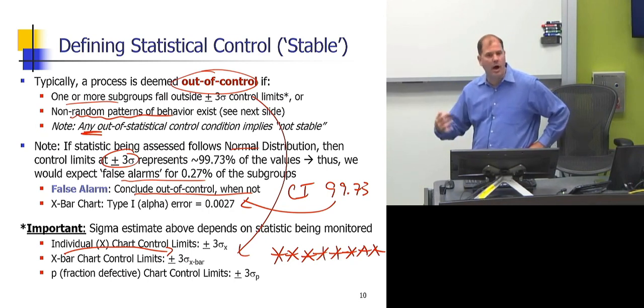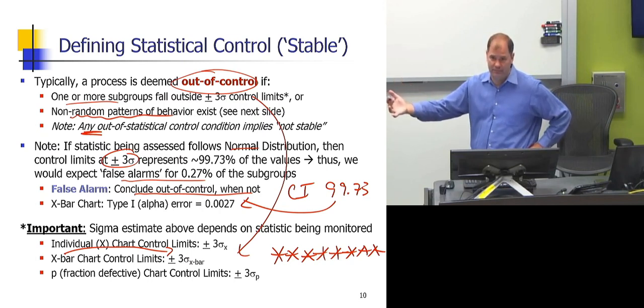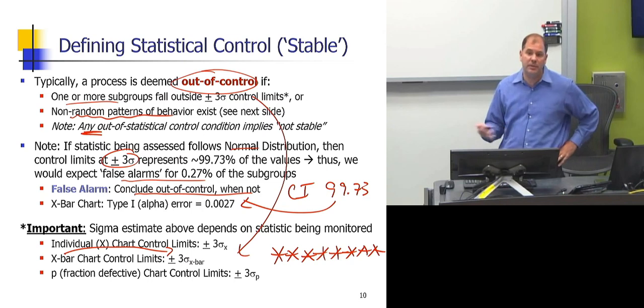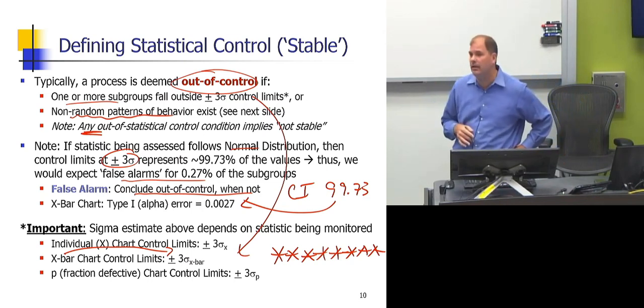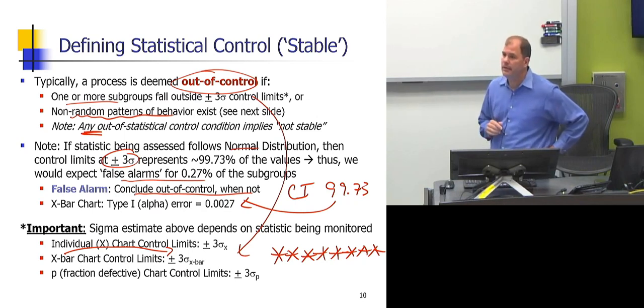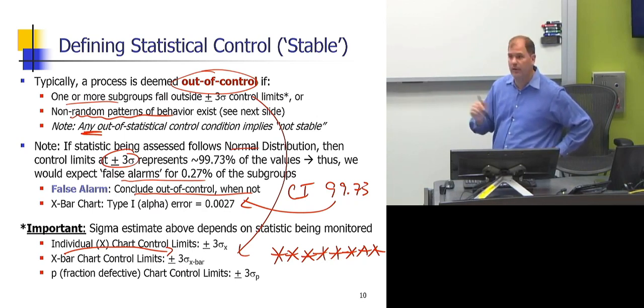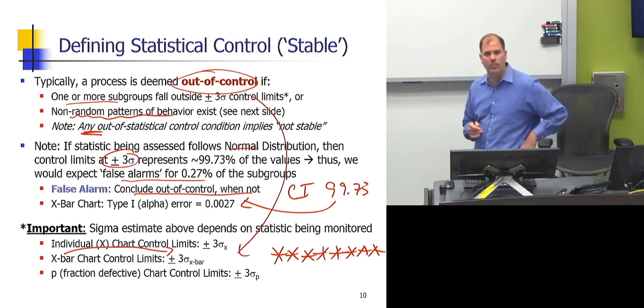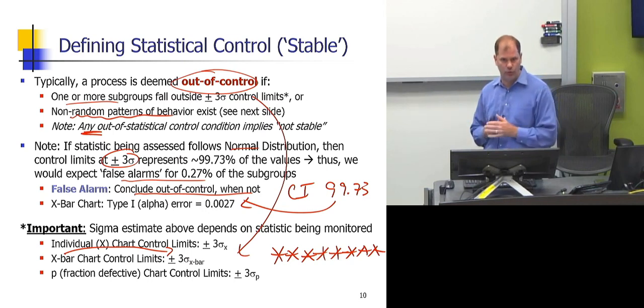Before, we often used an alpha of 0.05. We want to be 95% confident. In the world of SPC, we're actually going to have a tougher threshold. We want to be very careful about calling things out of control. As a result, we're going to make that alpha value lower. Now, I've got to be a little careful because I don't want to prove every single control chart.